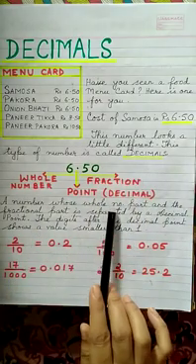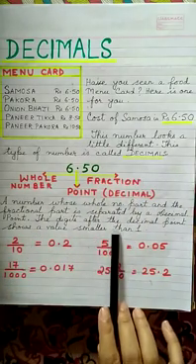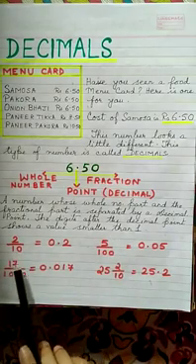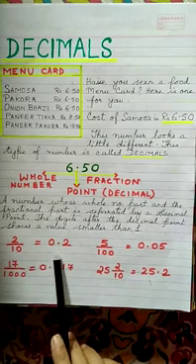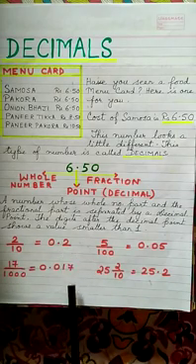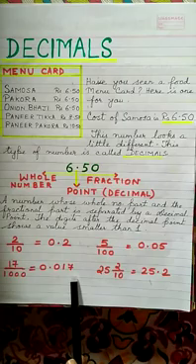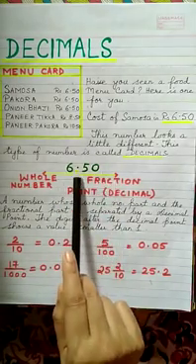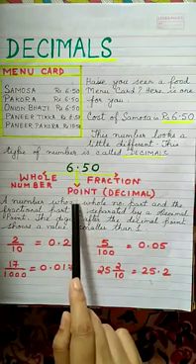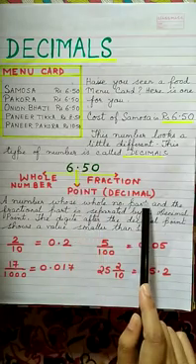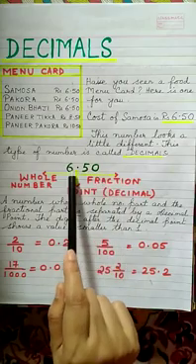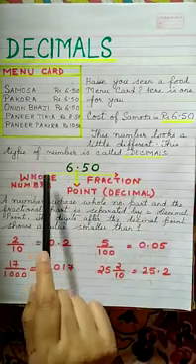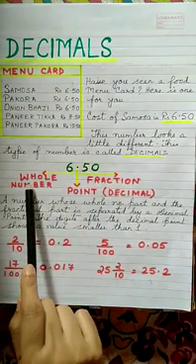Now, before we begin, let us remember that a decimal is actually a fraction that is written in the form of a dot followed by one or two numbers. Now here we have a decimal number. In between we have a point which is called the decimal point. The right hand side of the decimal is fraction. The left hand side part of this decimal number is whole number.